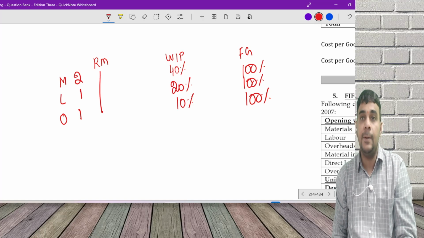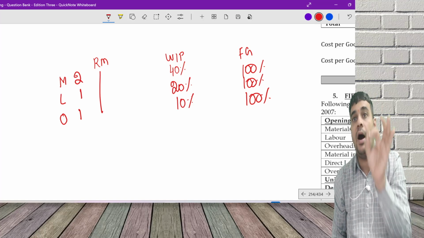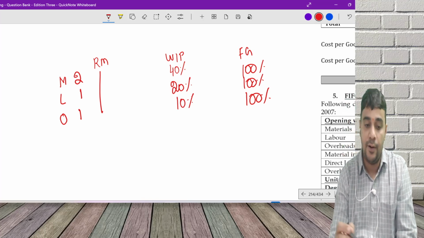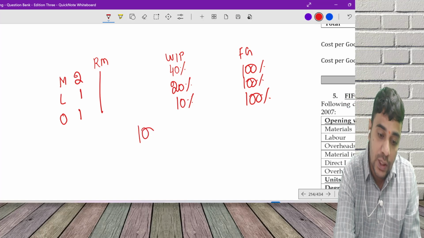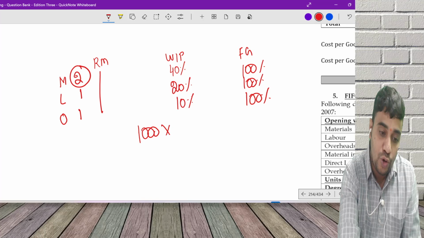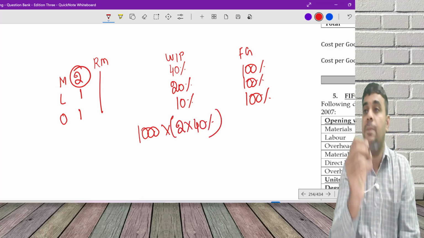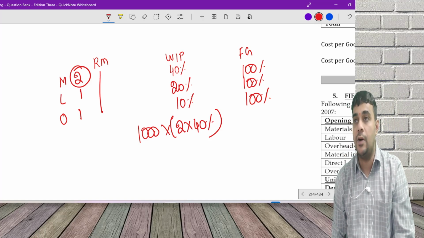Why is this needed? Assume 1,000 units are in process at the end of the year. The value of that is 1,000 into 2 rupees, into 40%, because only 40% cost you have incurred.